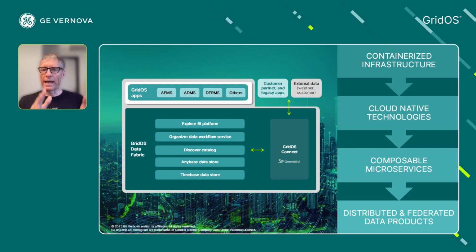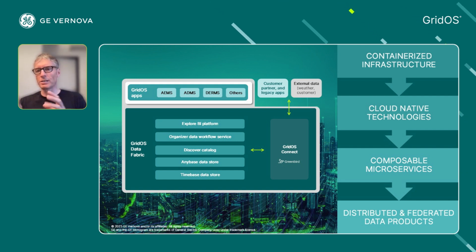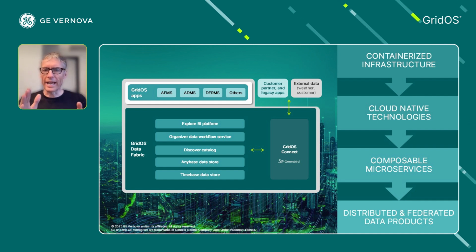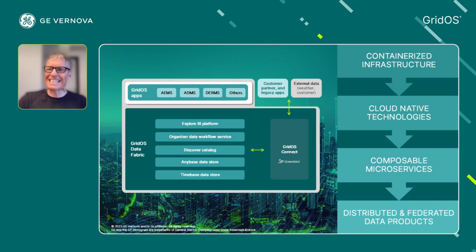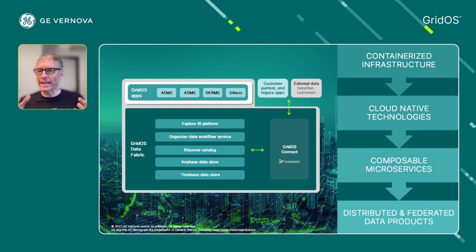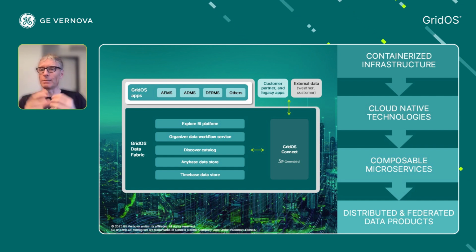So compared to other ESBs, GridOS Connect provides OT/IT integration support. GridOS Connect is built for highly scalable real-time data. So when we are talking about exchanging a huge amount of data, GridOS Connect is built with security in mind. So all the integrated data sources are authenticated, authorized correctly using zero trust.